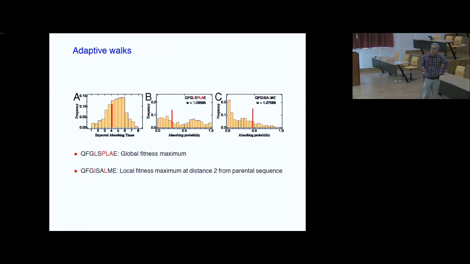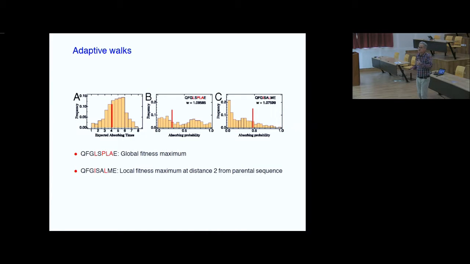The first plot shows you what they call the absorbing time. In this paper they also develop a very nice algorithm to efficiently compute this. They don't actually simulate these adaptive walks, but efficiently compute the adaptive walk properties directly from the data. These are the expected absorbing times, which just means what I call the length of the walk.